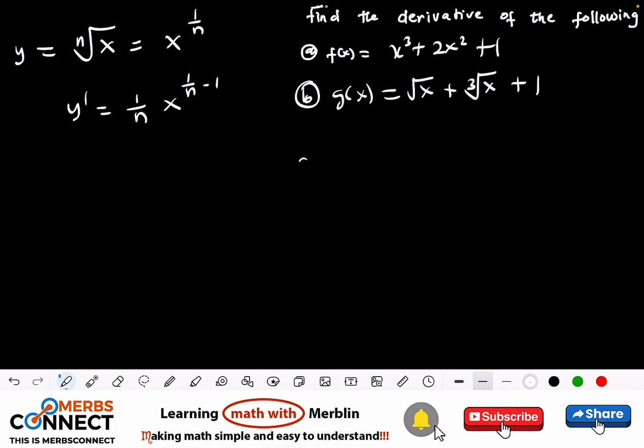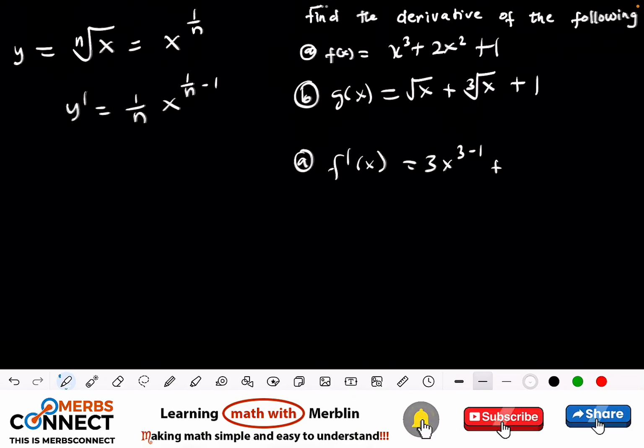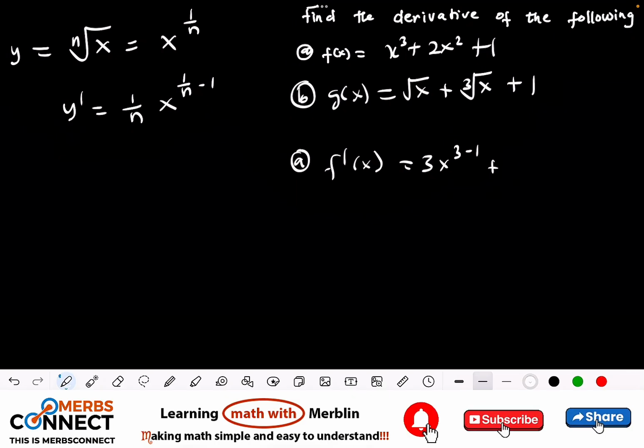Now A, we want to differentiate f of x. We see that this is a polynomial function, so we apply the power rule. When I differentiate x to the power 3, I drop the 3, maintain x to the power 3, but subtract 1, plus, from the constant multiple rule, I bring out the 2 because the 2 is multiplying the function.